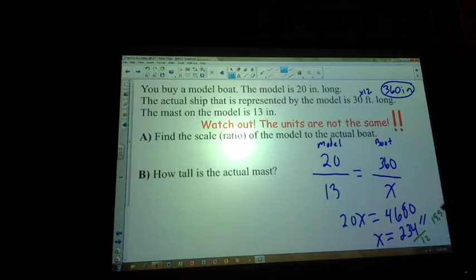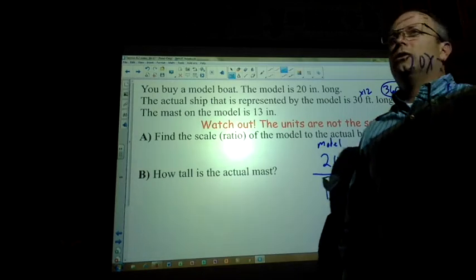19.5 feet. Does that seem proportionally okay? If you have a boat that happens to be 30 feet long, it has a mast that's 19.5 feet tall. That goes along with the 20-inch long boat that has a mast that's 13 inches. How tall is the actual mast? It's 19.5 feet, or it's 234 inches.